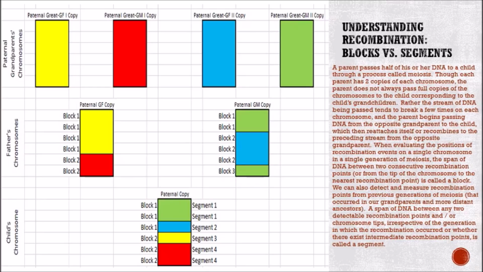We can also detect and measure recombination points in a child from previous generations of meiosis that occurred in grandparents and more distant ancestors. A span of DNA between any two detectable recombination points or chromosome tips, irrespective of the generation in which the recombination occurred, or whether there exist intermediate recombination points, is called a segment.